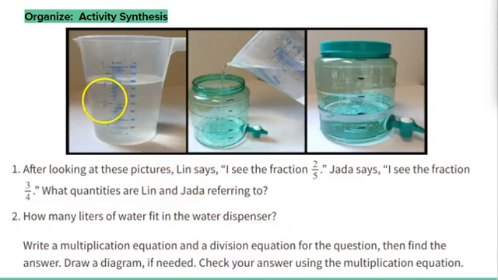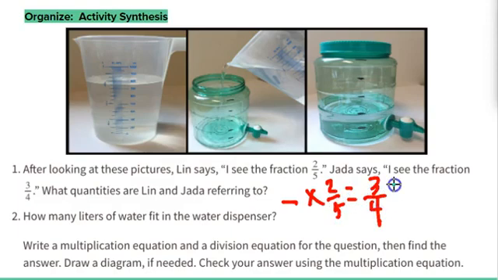Well, we had 3/4 of a liter that fits into 2/5 of the other. Well, if we think about it, whatever is the entire container, times 2/5 of it ends up giving us 3/4 liter, right?